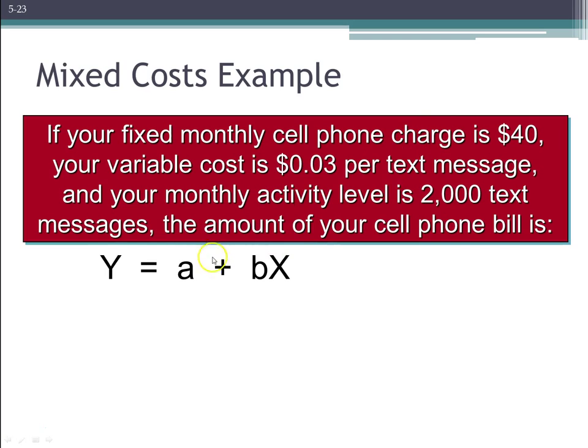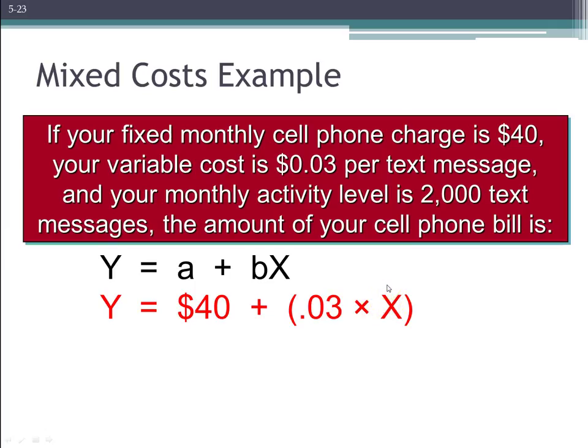Let's plug those in, where A is the fixed component and B is the variable cost per unit. So total fixed cost is A, and variable cost per unit is B. Plugging those in, very simple: the fixed portion, and the variable cost per unit. And now, remember, X represents the activity, so you could plug in any number.